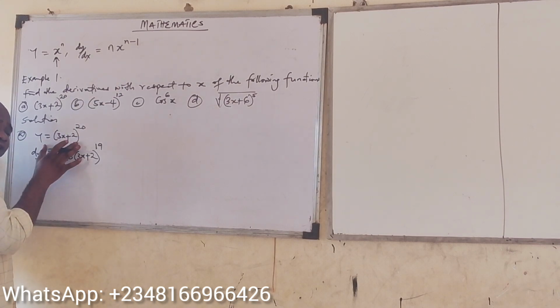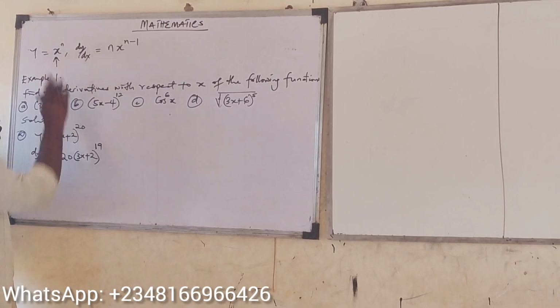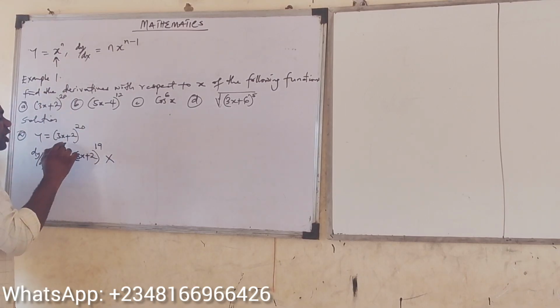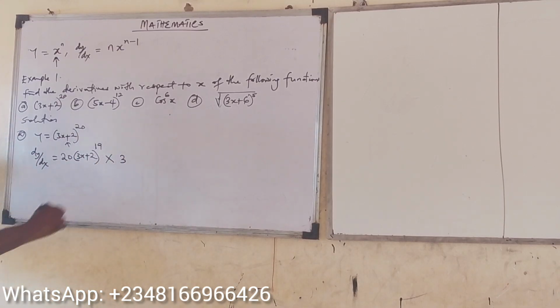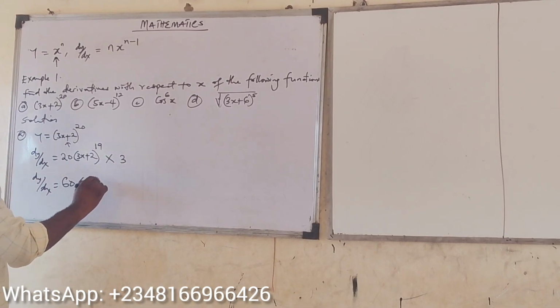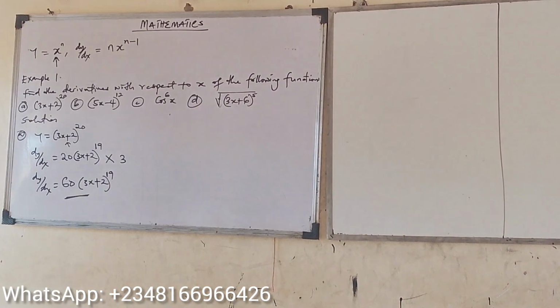But because this is a function of a function, with 3x plus 2 taking the position of x, you have to multiply it by the derivative of this function. When you differentiate 3x plus 2, it gives you 3. So dy/dx will be equal to 20 times 3, which is 60. So we have 60 bracket 3x plus 2 all raised to the power of 19. So that's dy/dx.